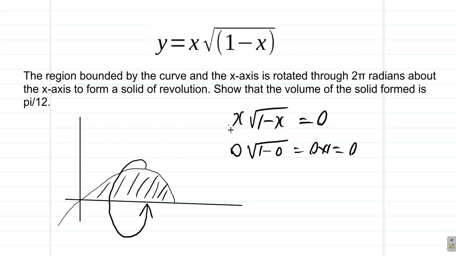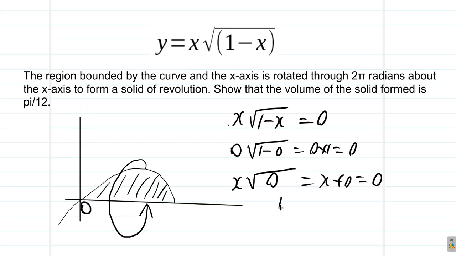And if 1 minus x is 0, then we have x times the square root of 0, which is x times 0, which is 0. So right here, x is 0.